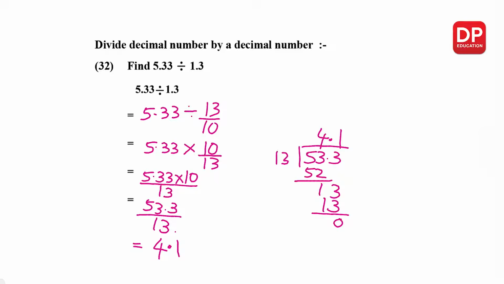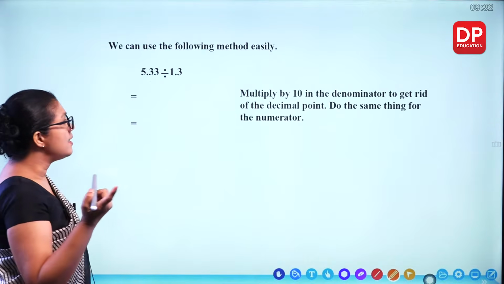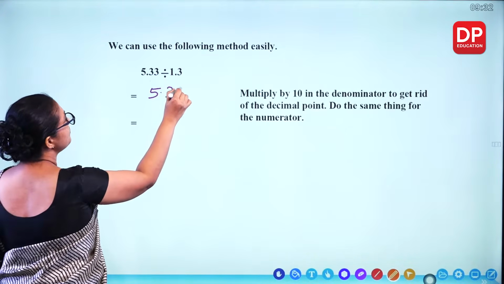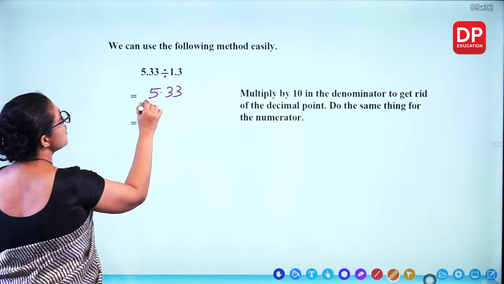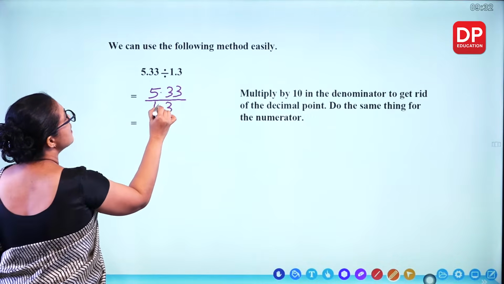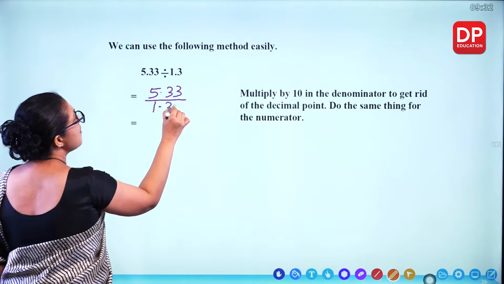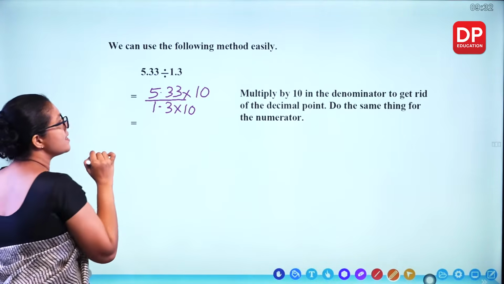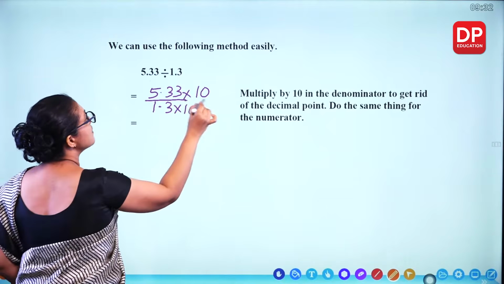Now we can use the easy method. So what we do, without converting to a fraction, you can get rid of this decimal point by multiplying both the numerator and the denominator by 10.